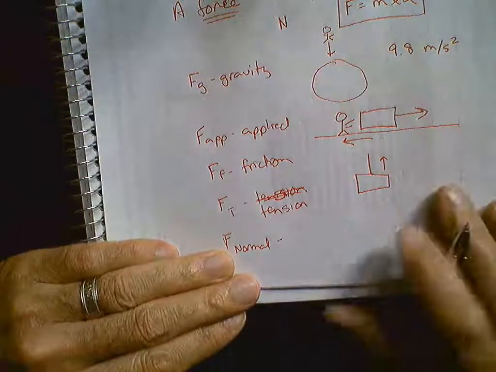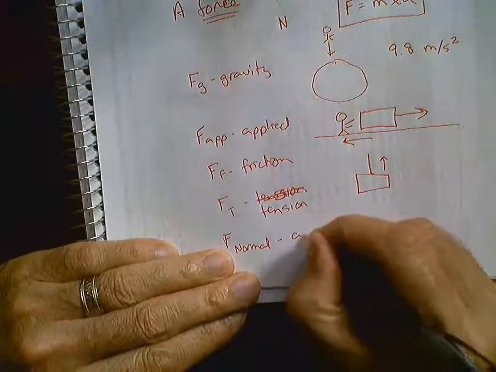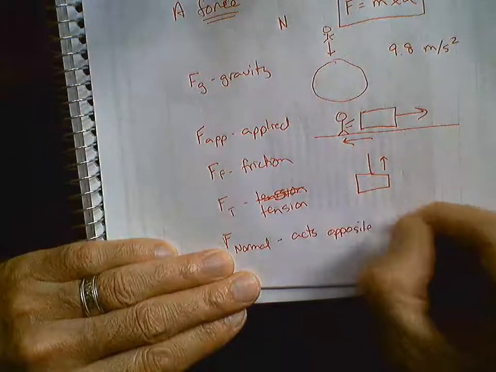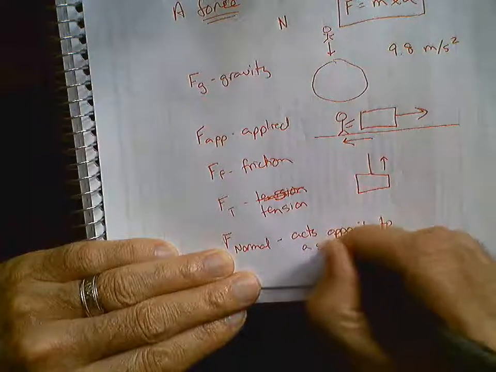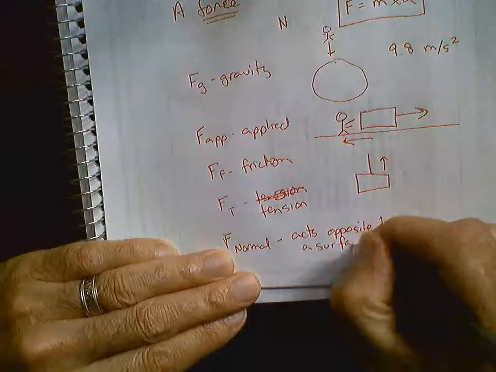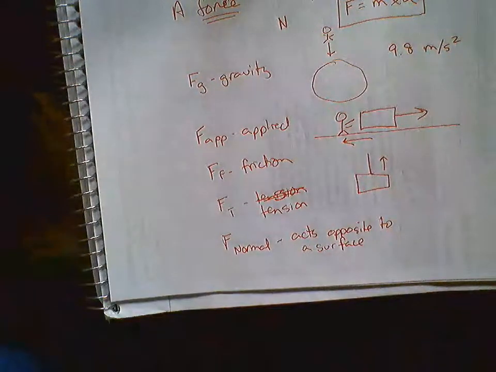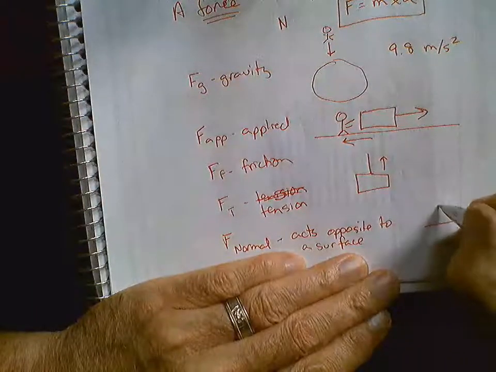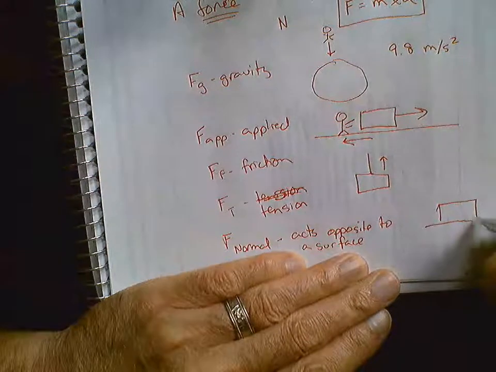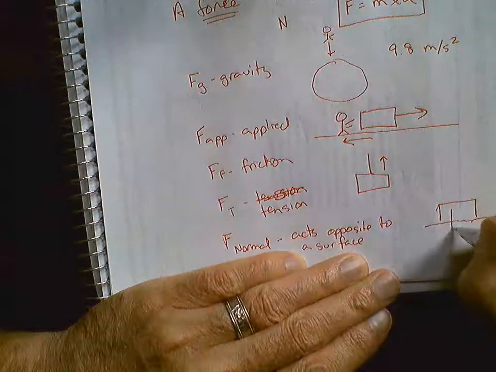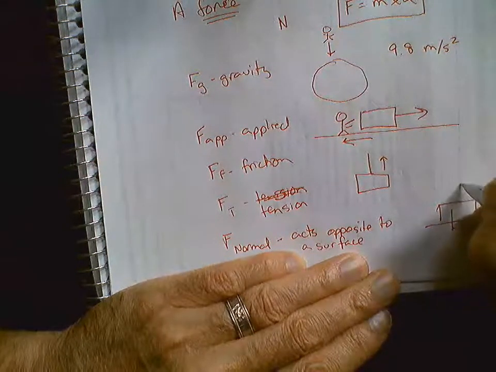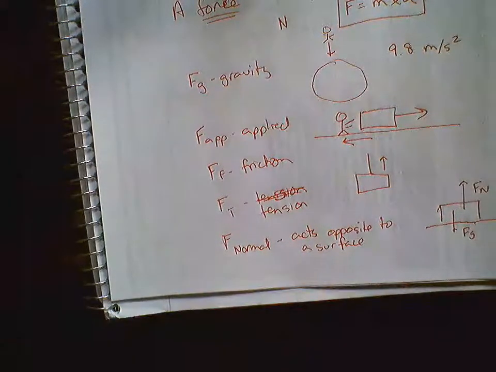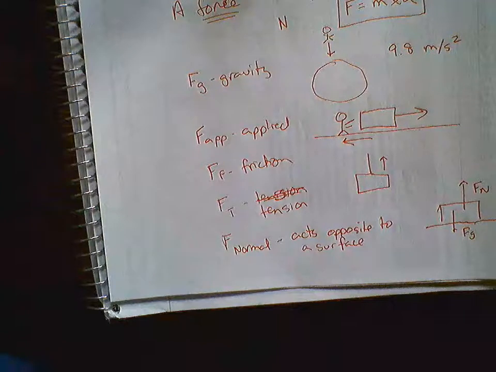But a normal force acts opposite to a surface. This one takes a while to get through your head, but if we have a table and a box, and the box is being pulled down by the force of gravity, there's an equal and opposite force given by that surface called a normal force.